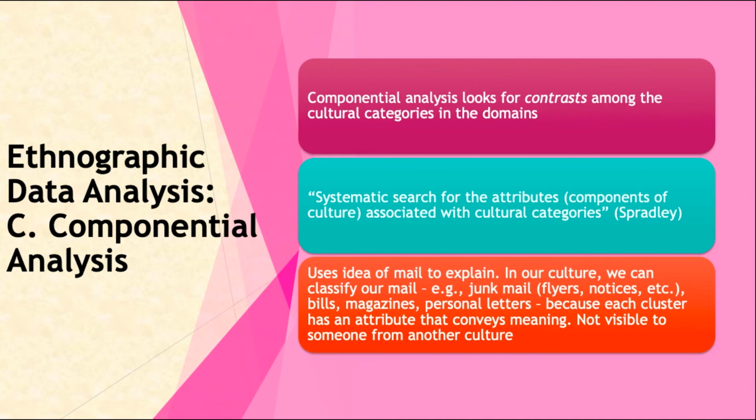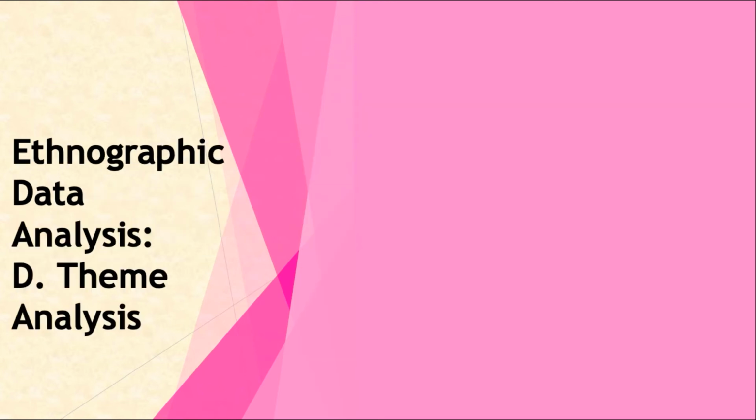In our culture, we can classify our mail as junk mail, flyer, notice, etc. We put the bills also in one category, magazine in another category, personal letter in another category, because each cluster has an attribute that conveys the meaning, and this is not visible to someone from another culture. So you put these categories again in a larger umbrella, and maybe we call it a theme.